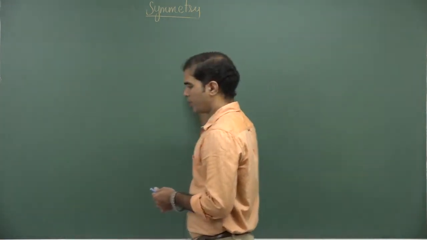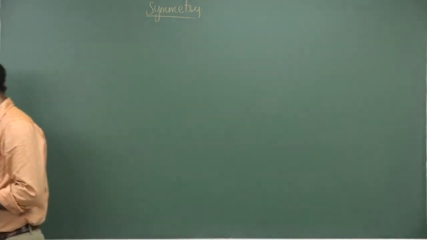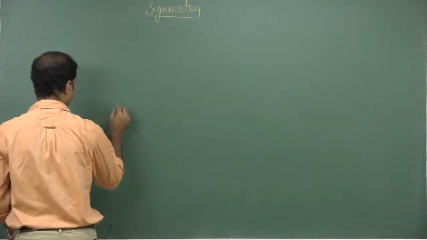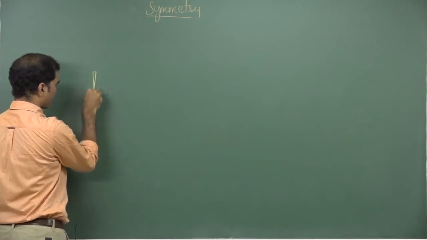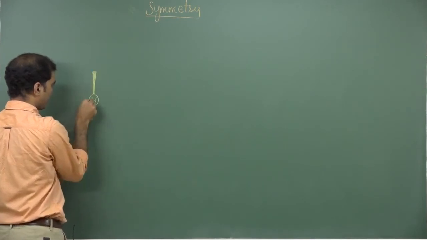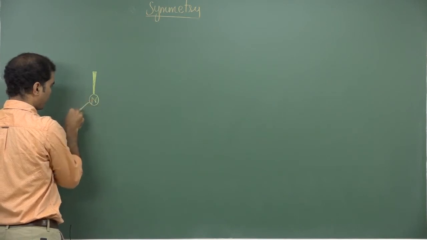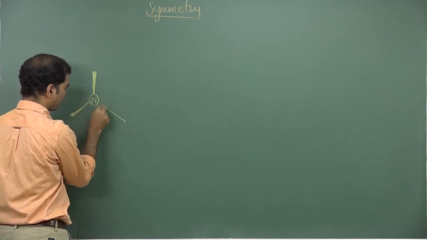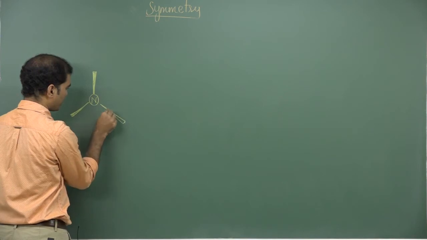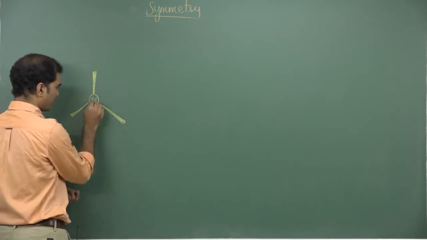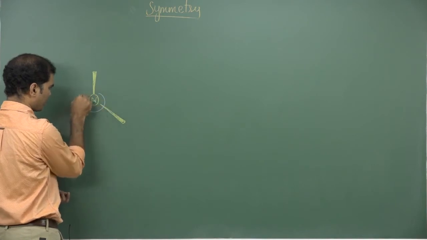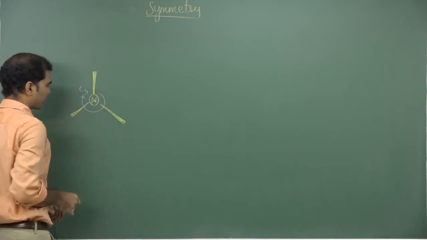When it comes to ammonia, you have three planes. How many of these are vertical? How many of these are horizontal? And how many of these are dihedral? Well, in nitrogen, there is a C3.